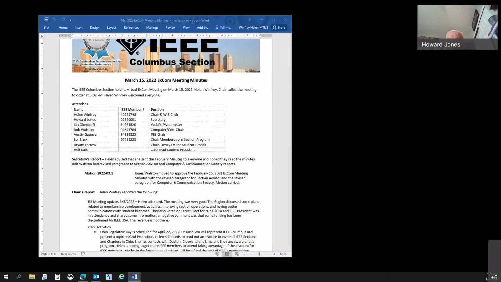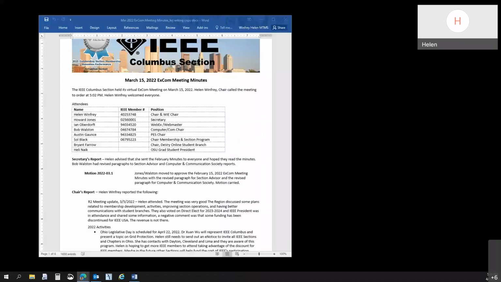On the top right corner, and then at the bottom of your screen, you have the Zoom bar. Well, that didn't help. Oh, sorry. That went the wrong way. Screen 1, screen 2, share. Okay.